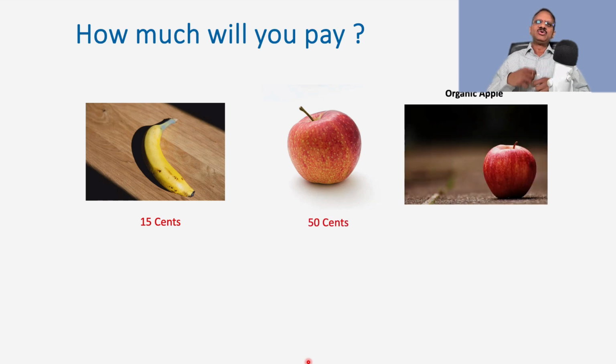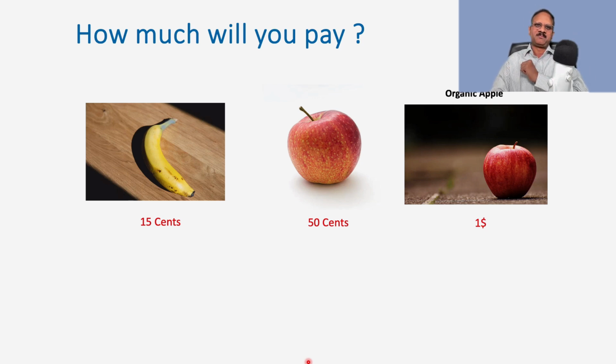You understand that an organic apple is more expensive because it takes more effort to produce, as they have to take care of several precautions, quality norms, etc. That's why, as a customer, you are willing to pay $1, because you understand it's worth $1. No doubt in it. In this, who are you?